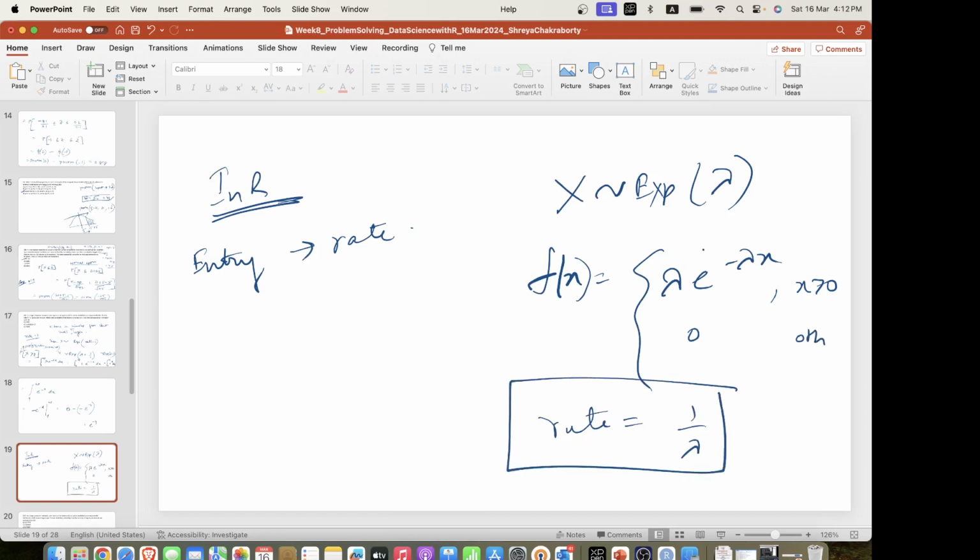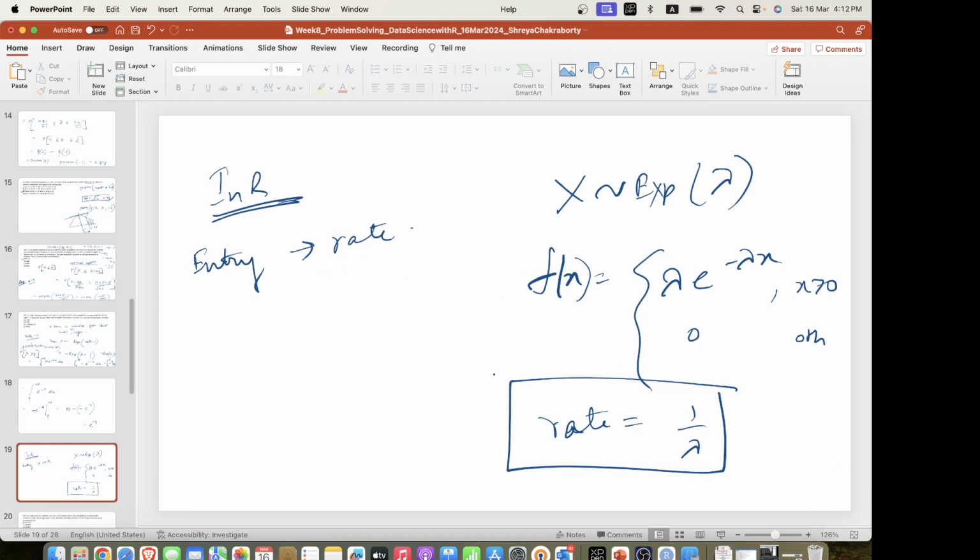So if you are given this parameter, instead of specifically it being mentioned, like in this question it was mentioned what is the rate, 1 logins per minute, so we could directly enter this. But if the inverse rate is given to you, then while entering in R you would have to give 1 by.